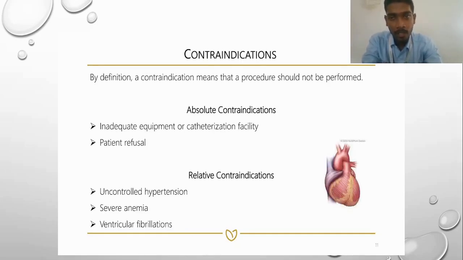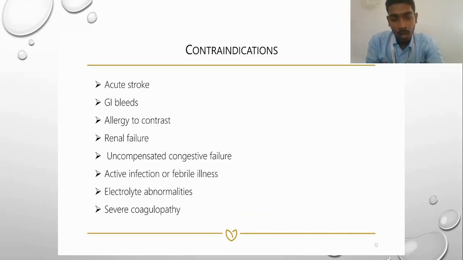And the contraindications. Contraindication is nothing but when the patient suffers from hypertension and also severe anemia, where we cannot use this procedure, and also ventricular fibrillation, where the patient undergoes ventricular fibrillation. So these are the contraindications where we cannot use this procedure, and also the acute stroke.